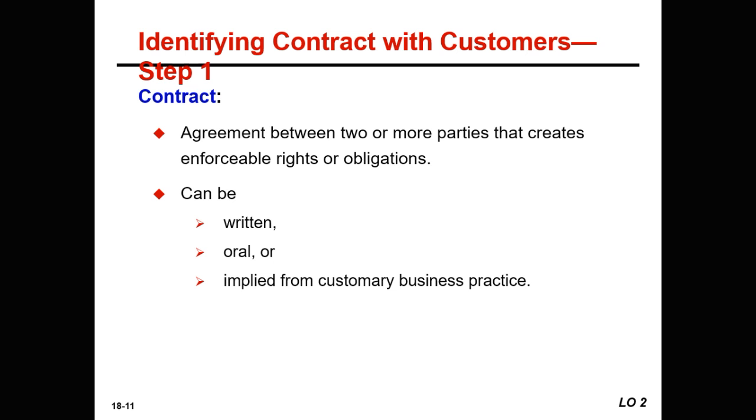The enforceable right: you have the right to receive a grande mocha latte, and you have the obligation to remit consideration of $5.82 in order to receive that grande mocha latte. We enter into contracts all the time without actually realizing we're doing that. They're oral contracts or they're basic customary business practice.